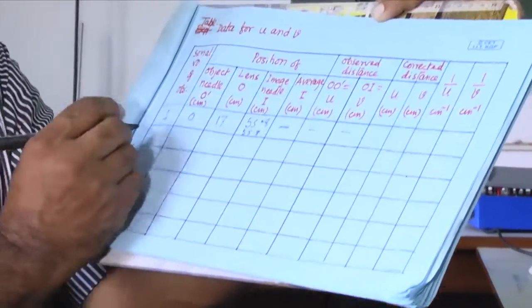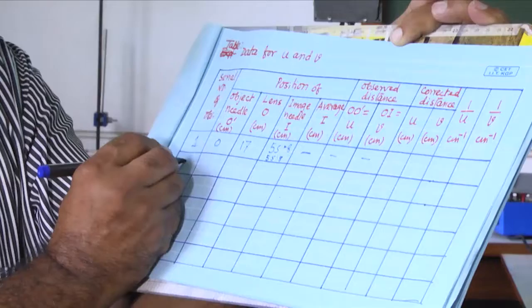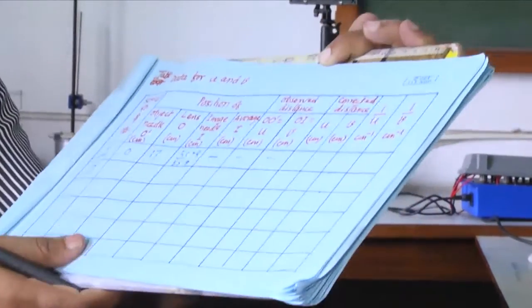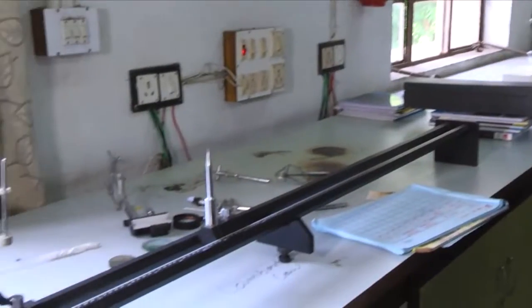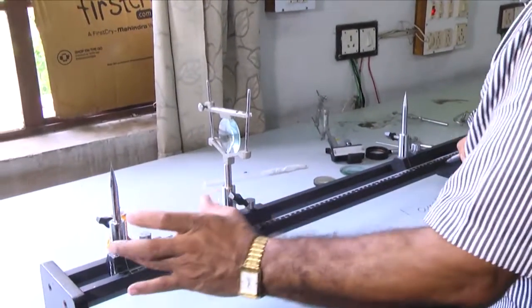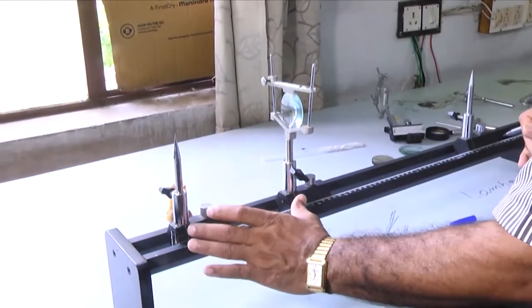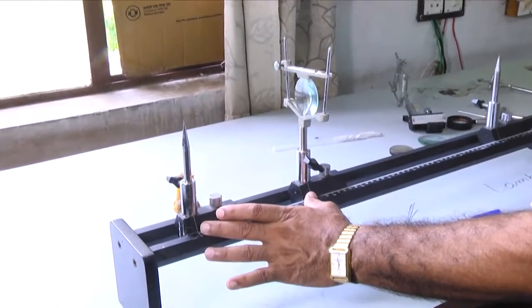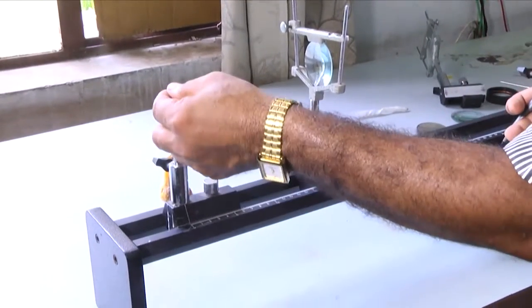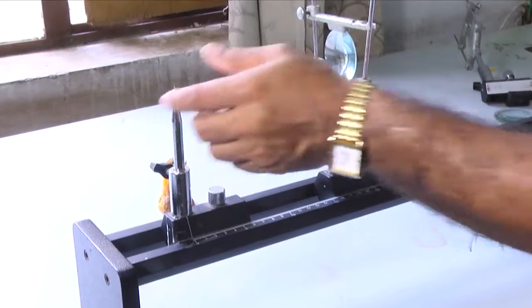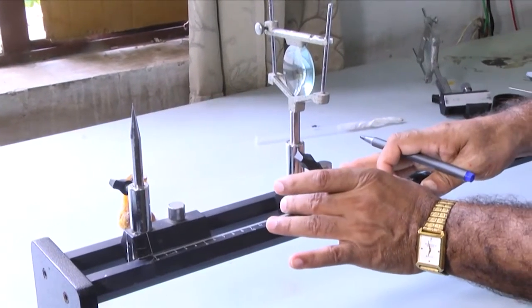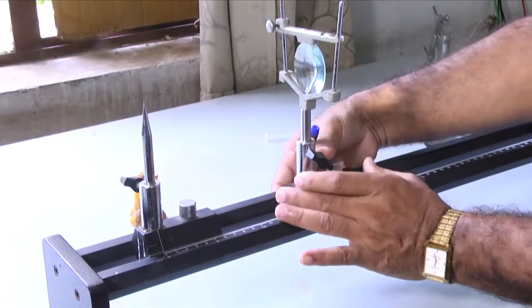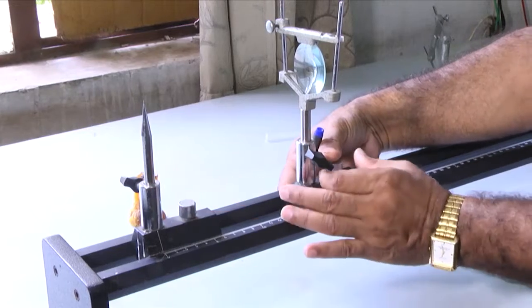Okay, and then for the second set of data, you change the position of either the object needle or the lens. So I am changing u.